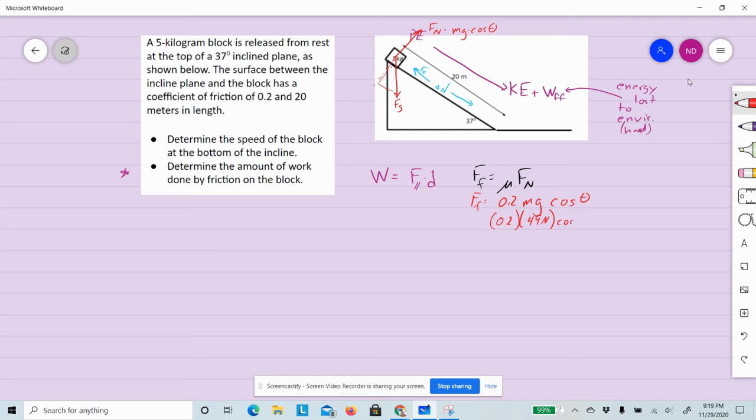Times the cosine of 37, which is 0.8. And we do all that math. 0.2 times 49 times 0.8 is 7.84 newtons. That is the force of friction.